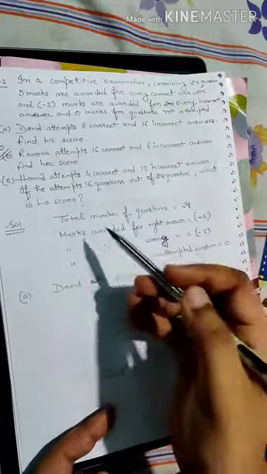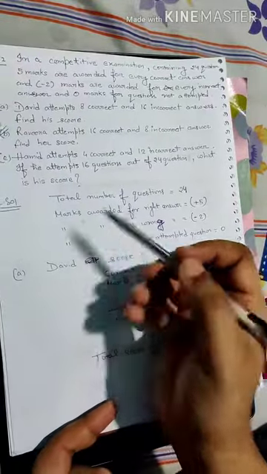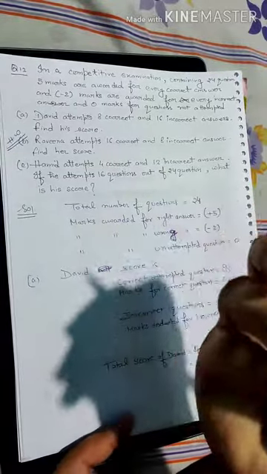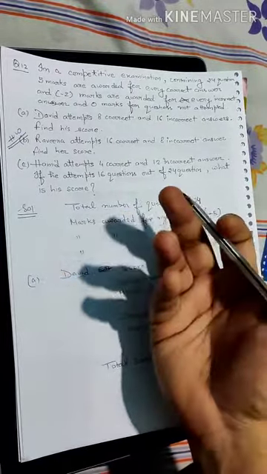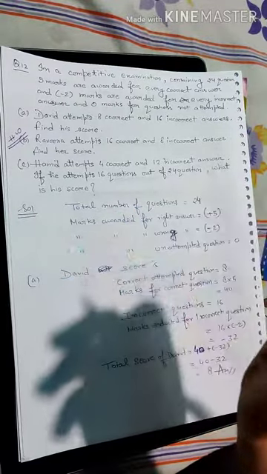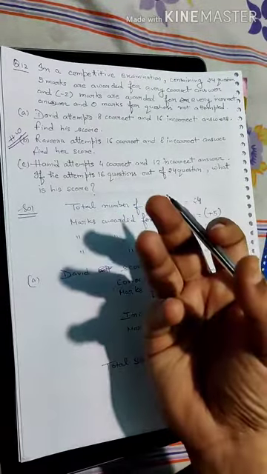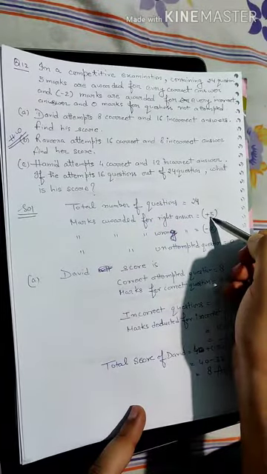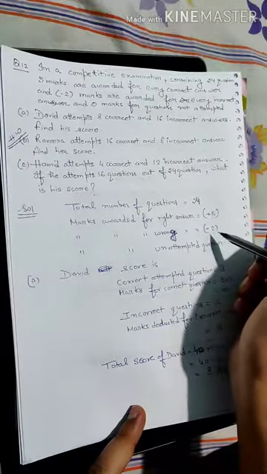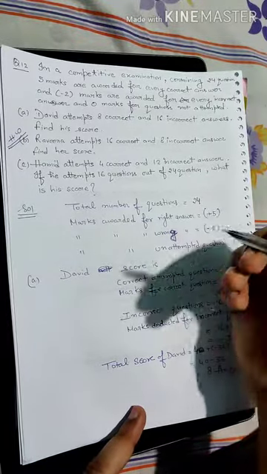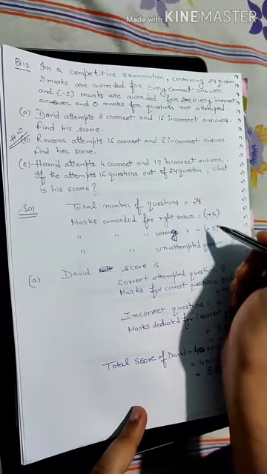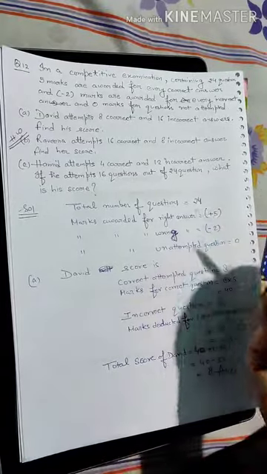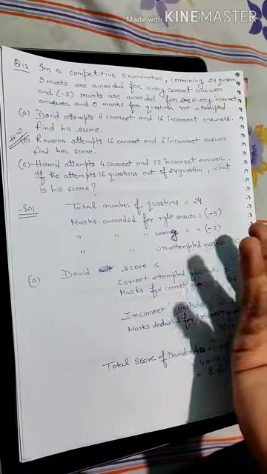So solving the first part: in a competitive exam there are only 24 questions, and for every correct answer 5 marks will be awarded. For every incorrect answer there is negative marking too: minus 2 will be deducted from the scored marks, and for an unattempted question the marks awarded will be 0.